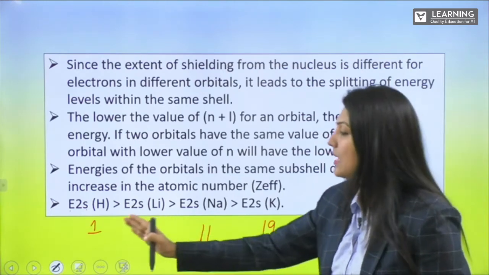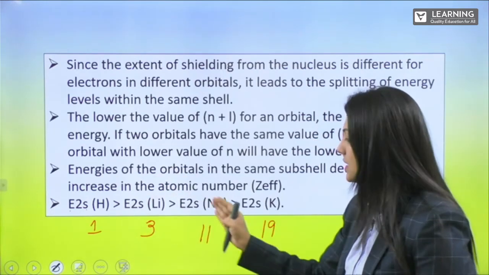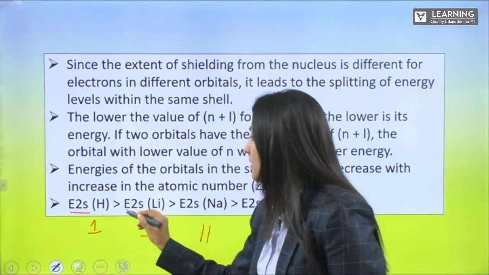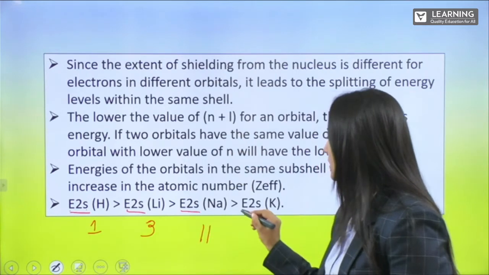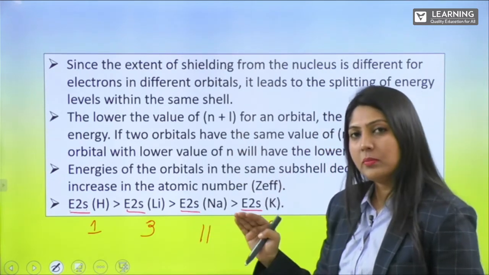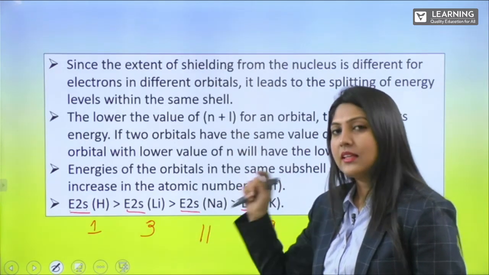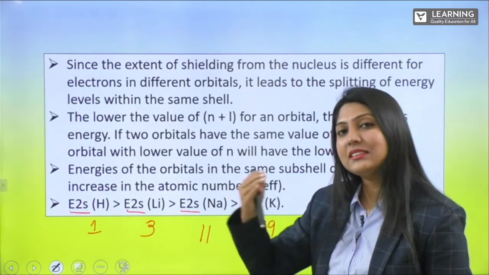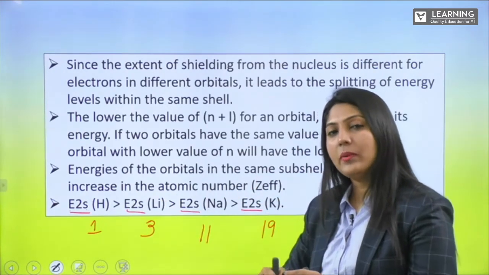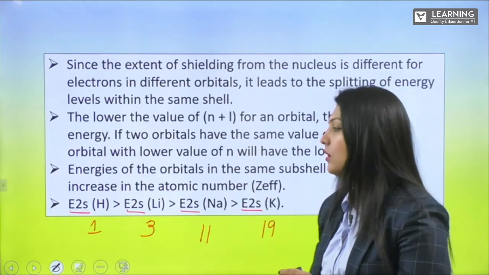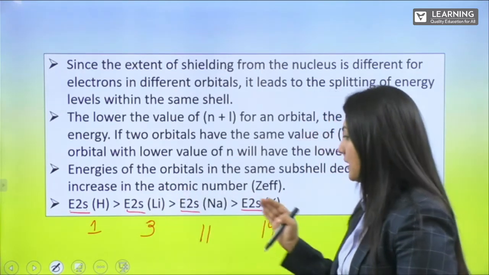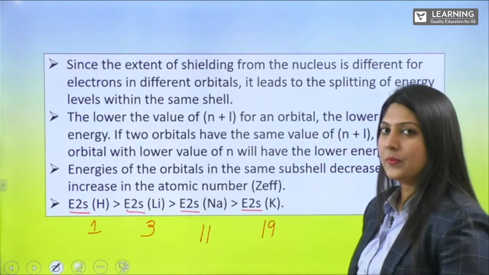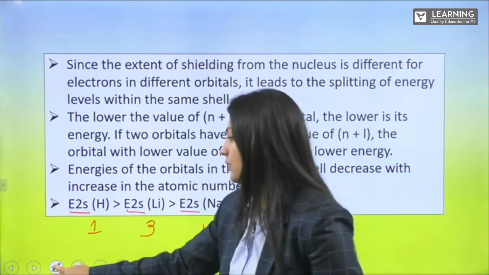So as the atomic number increases, for the same orbital, the s orbital in the same second orbit, the energy will be decreasing with the increase of atomic number. Understood? Good.